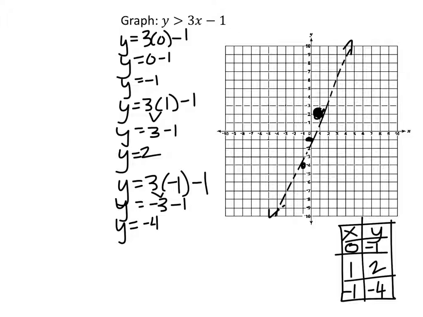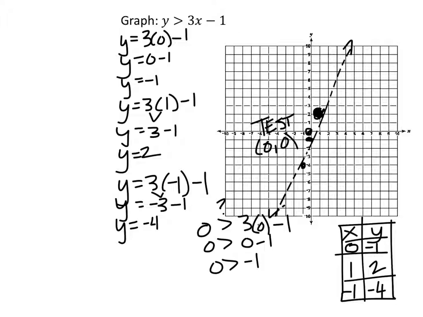Well, we need a test point though, and I can see that this line is not going through the origin, so I should be able to test 0, 0. So let's see what that looks like in the inequality, and let's see if this gives us a true statement. So it's showing there that 0 is greater than -1, which is true. So our test point is true.